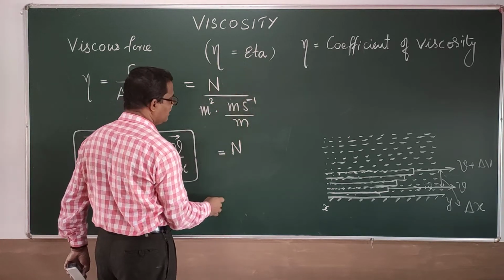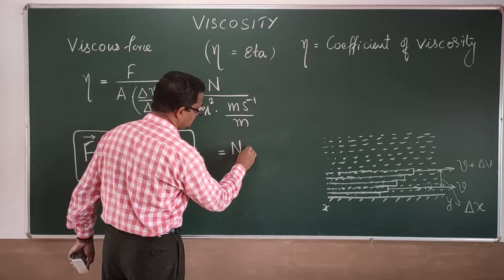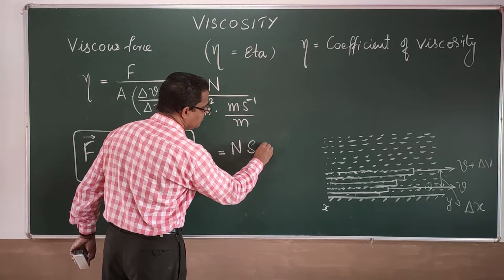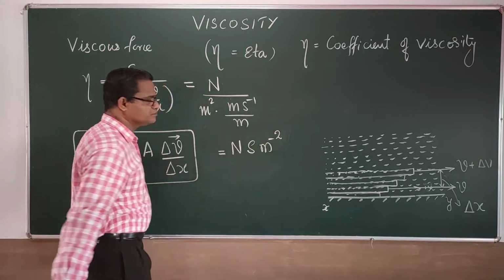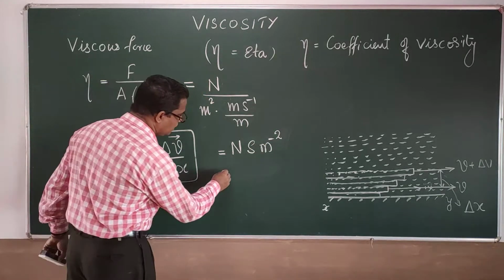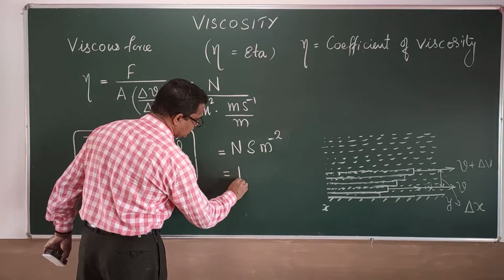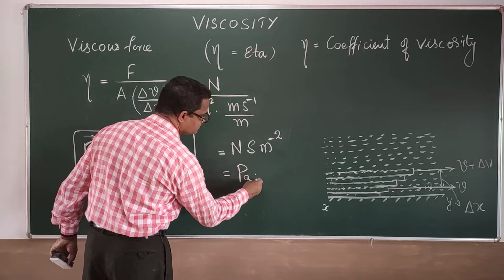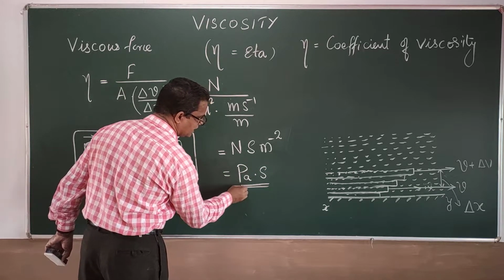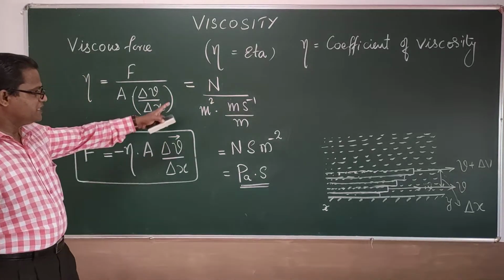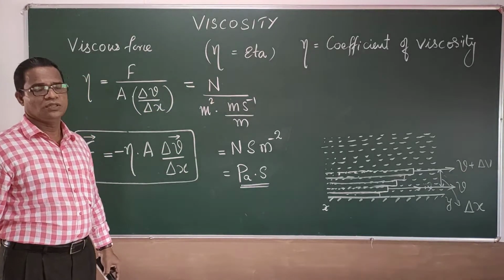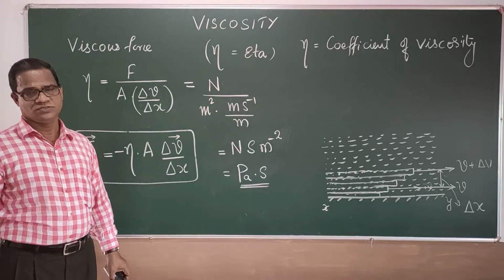The second will be going up. So Newton second meter minus 2, or Newton per meter square I can take as Pascal, so Pascal second. So this is the SI unit of coefficient of viscosity.